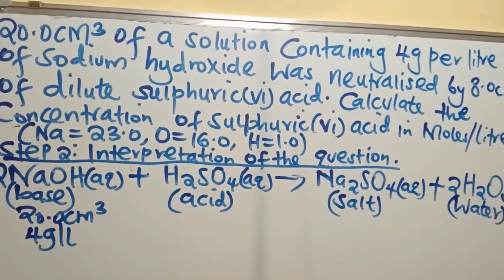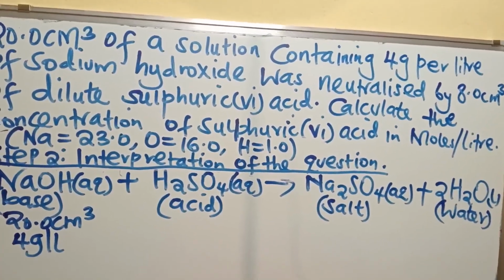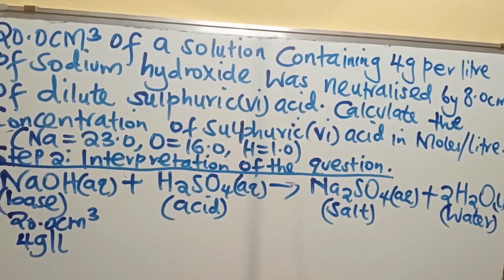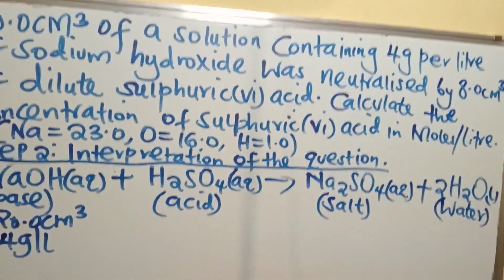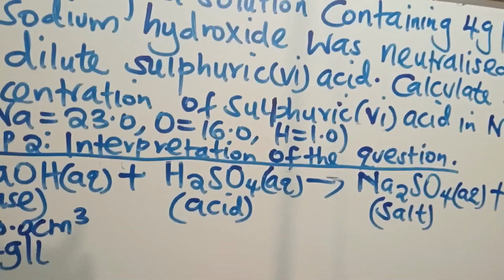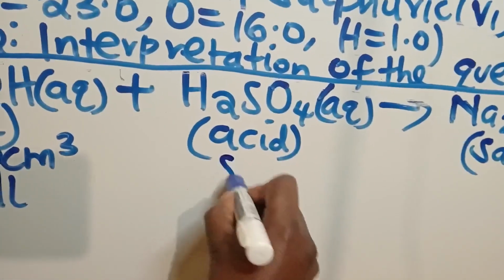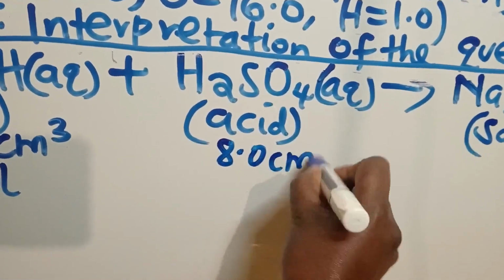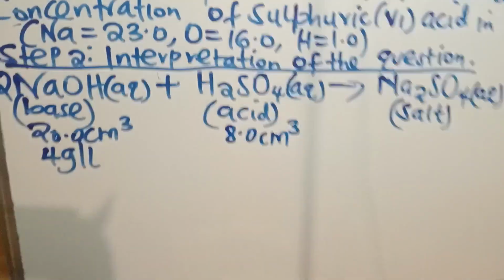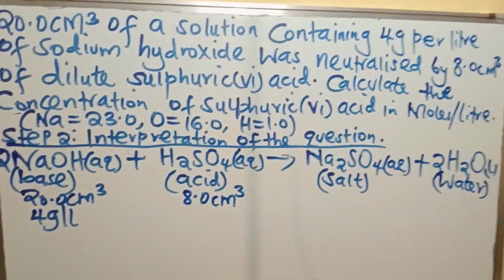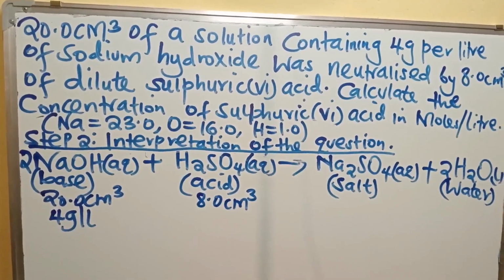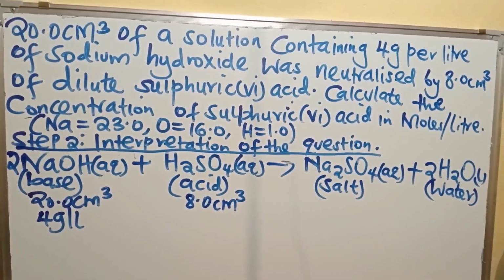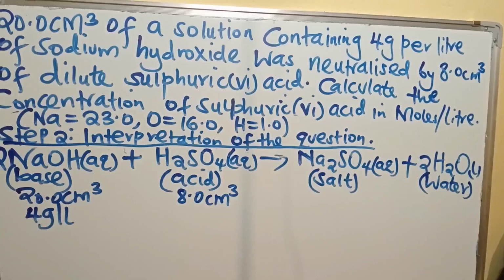It was neutralized by 8.0 centimeters cubed of dilute sulfuric acid. So dilute sulfuric acid has 8.0, which is the volume. From there we are told to calculate the concentration of sulfuric acid in moles per liter.